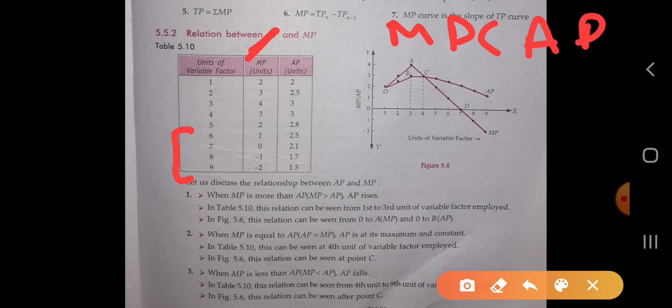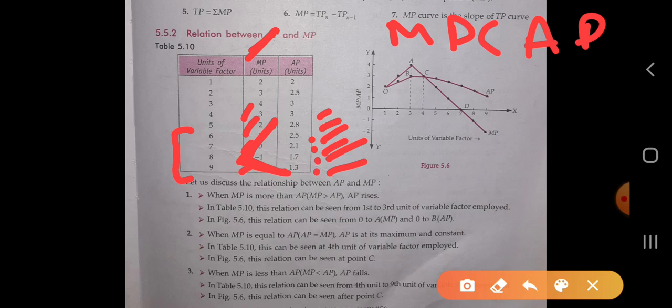MP is 2, 1, 0, minus 1, minus 2, but here we can see the AP is 3, 2.8, 2.5, 2.1, 1.7, 1.3. All the APs are more than the MP. So in that case AP will fall. Continuously AP is falling: 2.8, 2.5, 2.1, 1.7, 1.3.